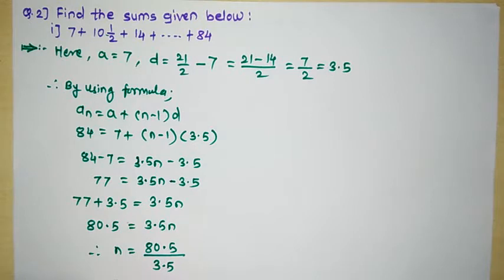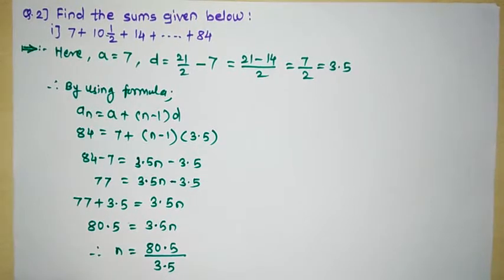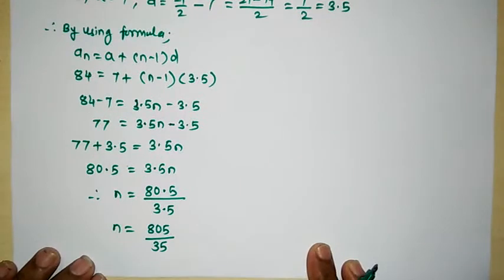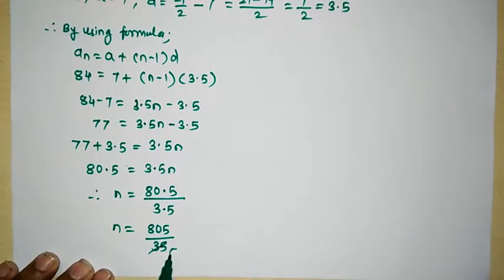805 divided by 35. Now we have to check whether both the numerator and denominator are divisible by 7. We will first divide it by 7. 7 5s are 35, 7 1s are 7. Then again 1 will remain, 7 1s are 7, that is again 3 will remain, and 7 5s are 35.